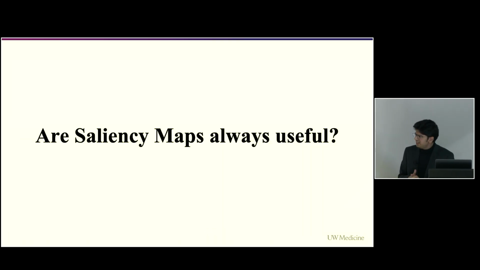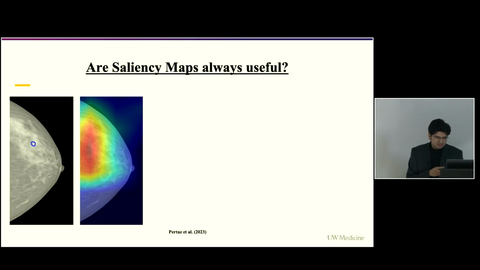So, are saliency maps always useful? Is this the solution to all questions on explainable AI? How about this? Do we think the saliency map is useful in this particular scenario? How many of us think that this saliency map is really helpful in understanding the model's predictions?